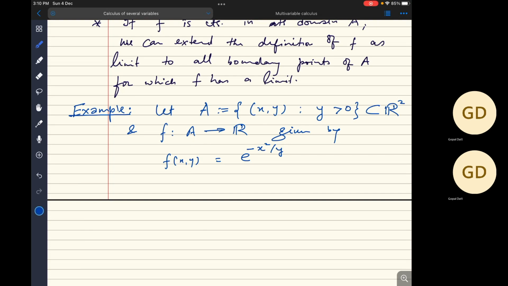Then one can easily check this f is continuous at all points of A.